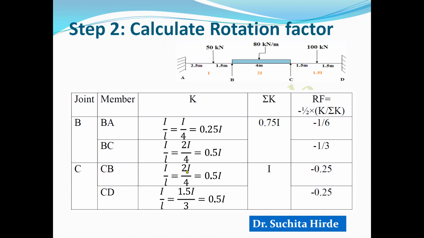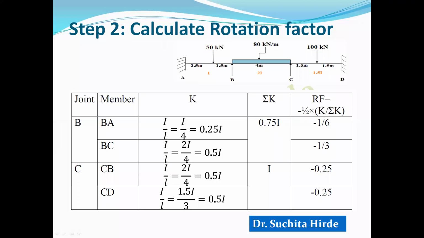Therefore, we substitute 2I here and 1.5I here and calculate it. Add it, you will get summation K, and then calculate using this formula. You will get the rotation factor at joint C as minus 0.25 and minus 0.25. So this is how we calculate the rotation factor in Kani's method.